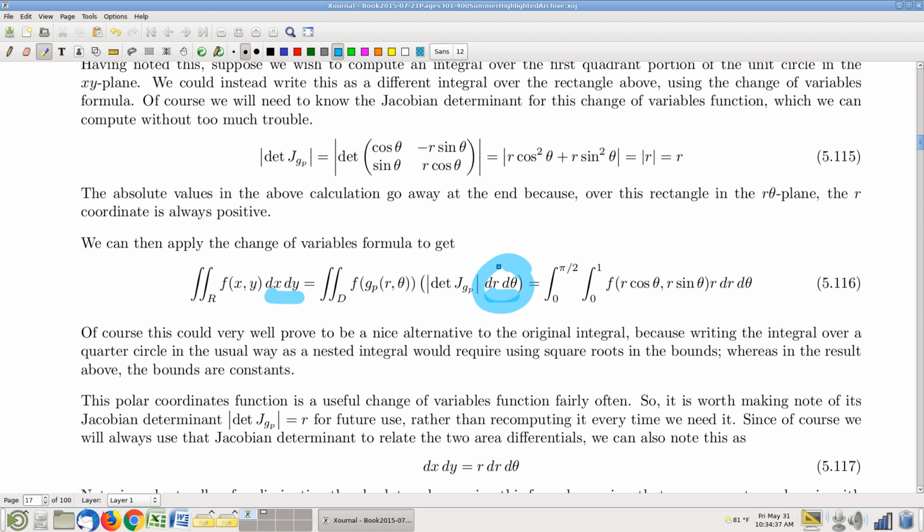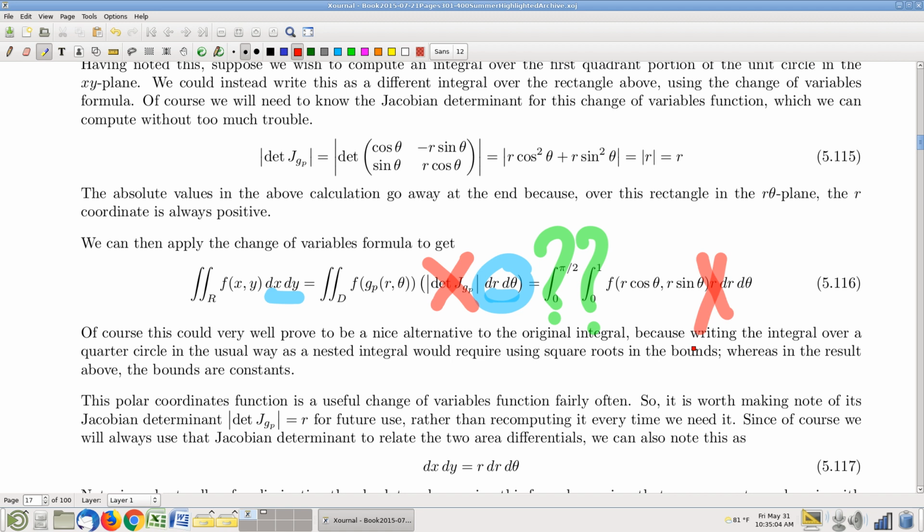Because what happens is students get bogged down in thinking about what are these bounds, and then they forget. This happens so often. Students will just flat forget to think about the stretching factor, and they'll just inadvertently leave off the r, which of course is wrong. Very importantly wrong. That's the whole big point of change of variables, is that stretching factor.